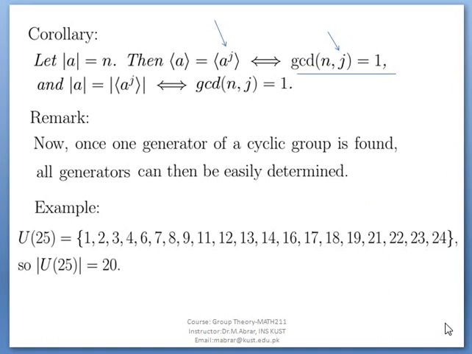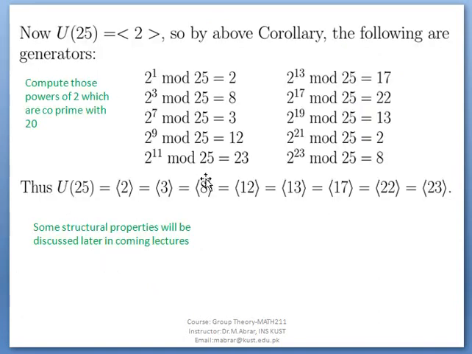We can use this to solve many exercises related to generators. For example, if we are given a generator of a cyclic group, then we can use this interesting result to compute all the remaining generators of that group. So here's a simple example. We consider U25, so we see the order is 20 and it is generated by 2.